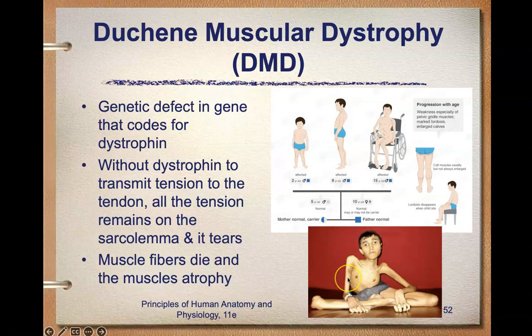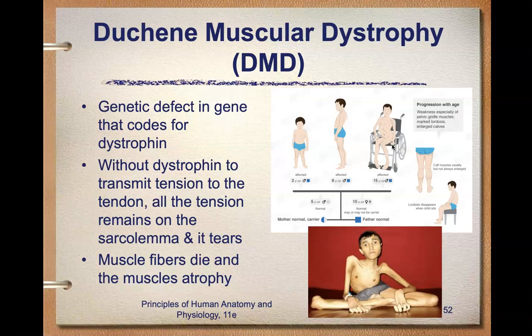You can see this is obviously a really severe case where he's had severe muscular atrophy here. Oftentimes this is where kids end up in wheelchairs and things like that, and this is the more severe Duchenne's muscular dystrophy.